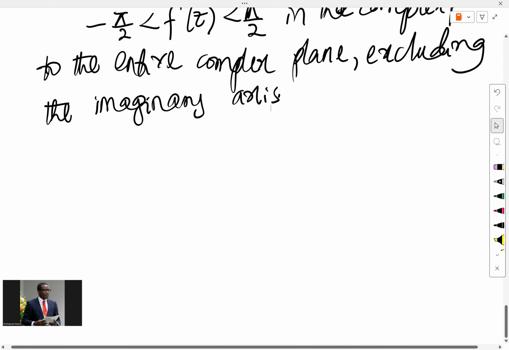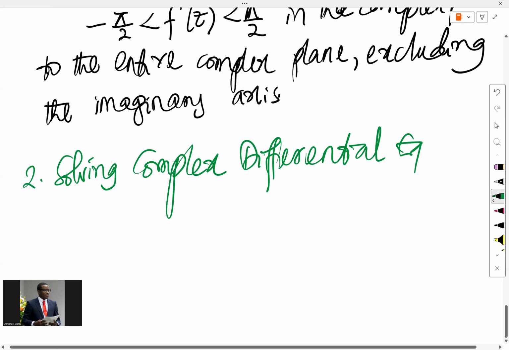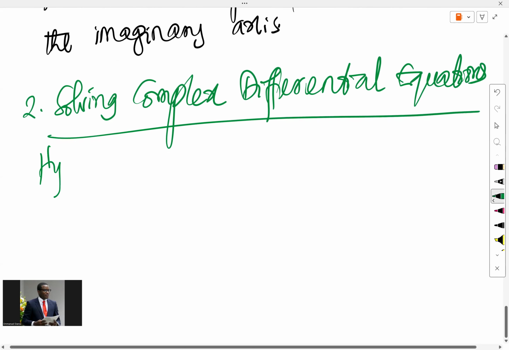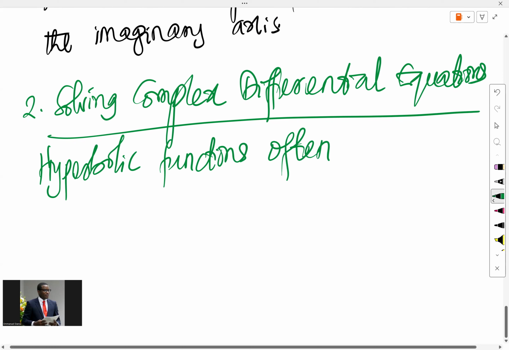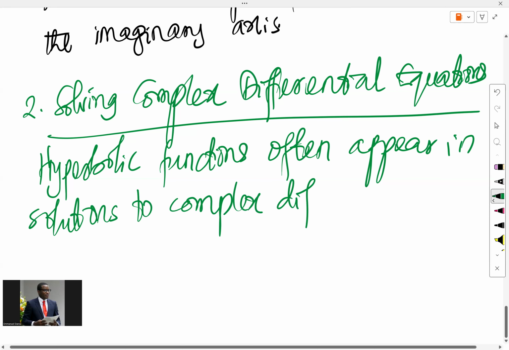Okay, so let's talk about two, solving complex differential equations. We see that hyperbolic functions often appear in solutions to complex differential equations.